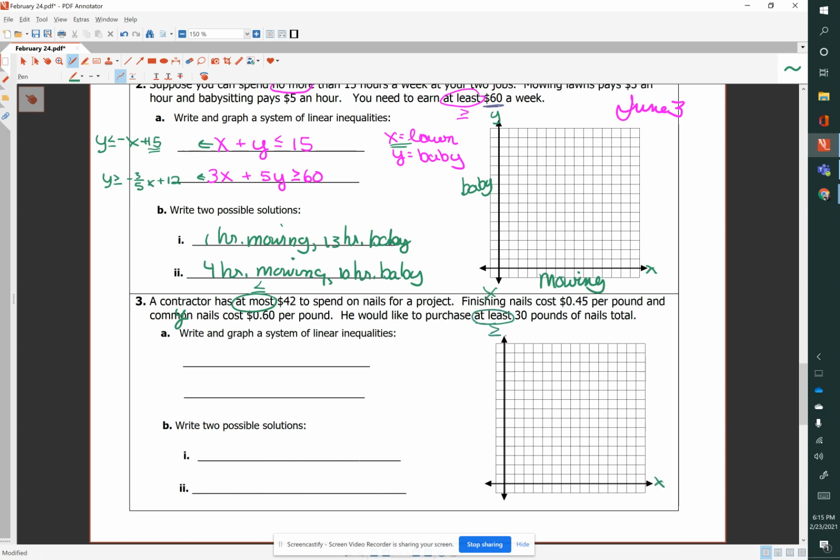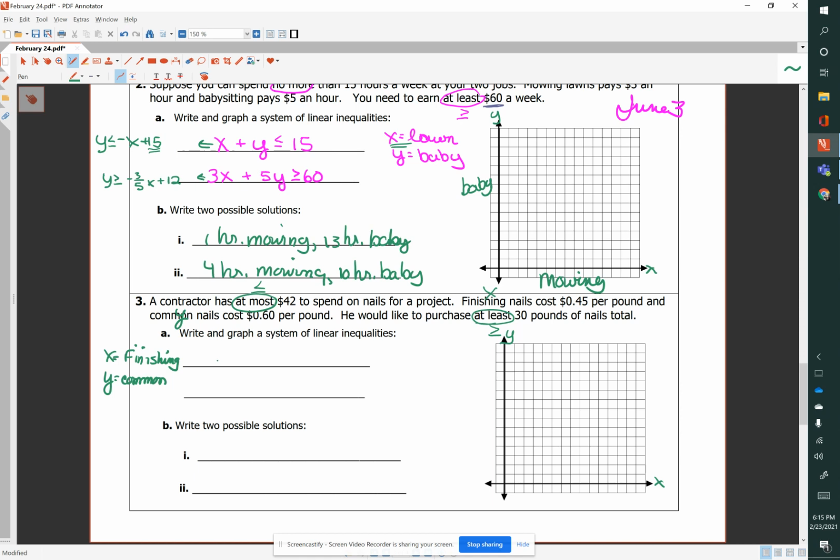So I'm going to put my X and Y axis on my coordinate plane. X is going to be the finishing nails, and Y will be our common nails. And so the most he's got to spend is $42.